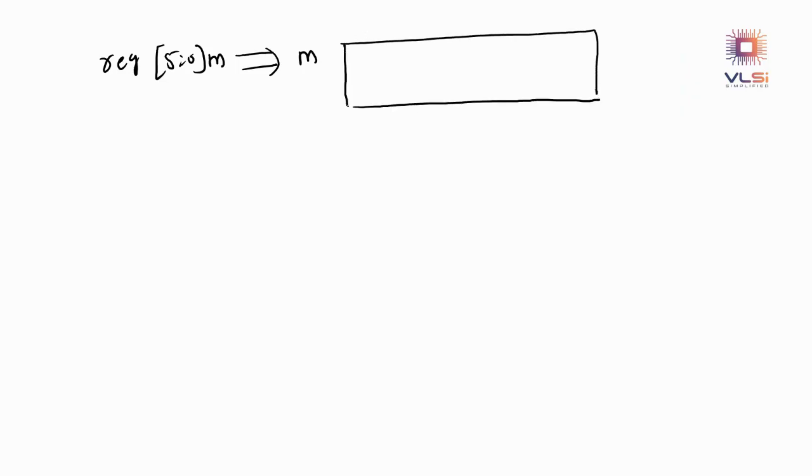Let us take a value, and these values will be stored in m. What are the indices? 5 4 3 2 1 and 0. Now I want to tell the concept of vector slicing.